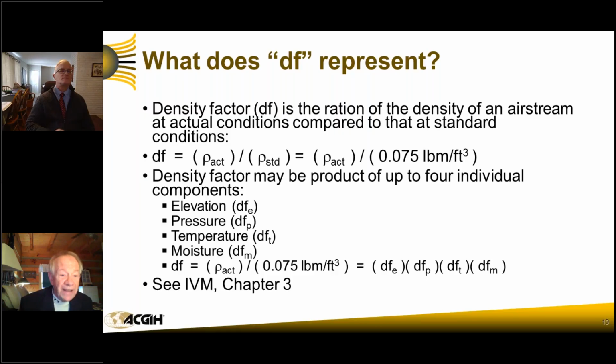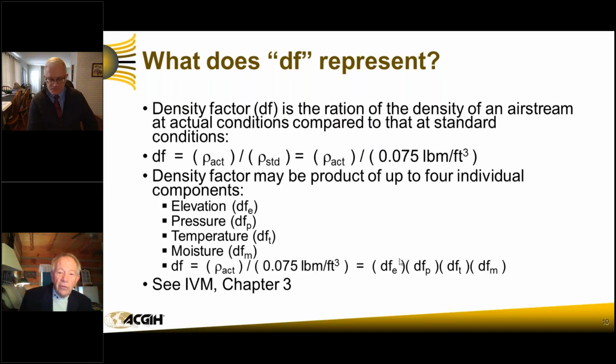So our true density, again, is rho actual, down here in this last one, divided by rho at standard, which is 0.075 pounds mass per cubic foot.